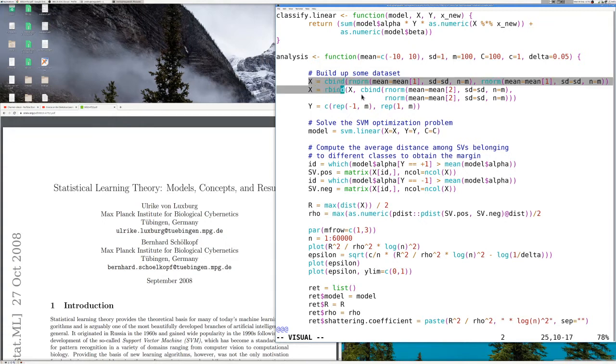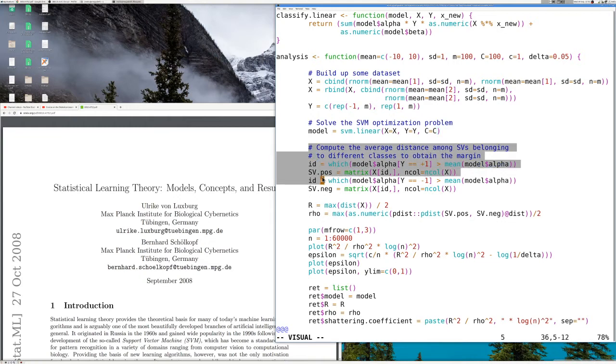So I'm building up the input space X and the class labels Y. Here we get the model. We just optimize the linear SVM, the linear kernel-based support vector machine. And from here, I just connected some theoretical aspects that I'm sure you guys are gonna love.